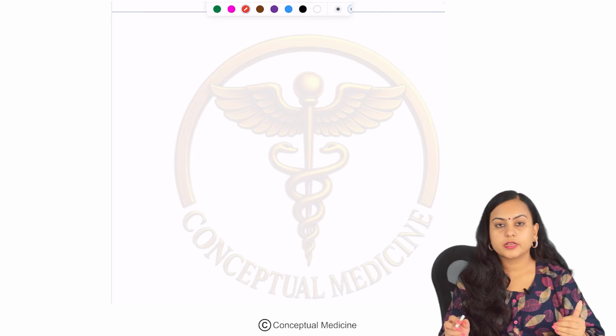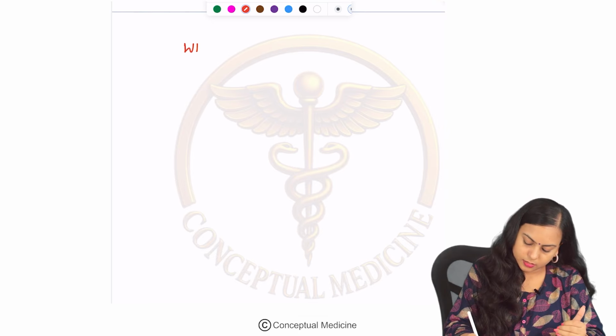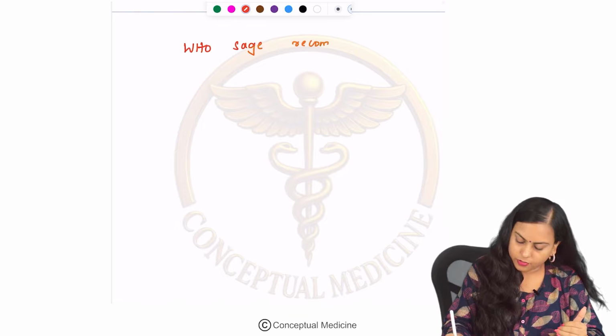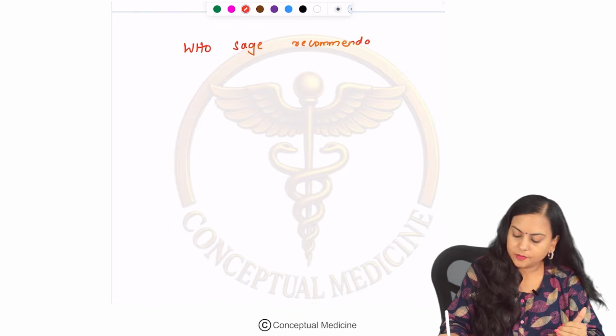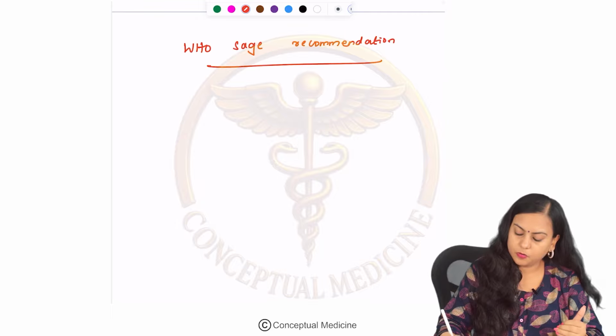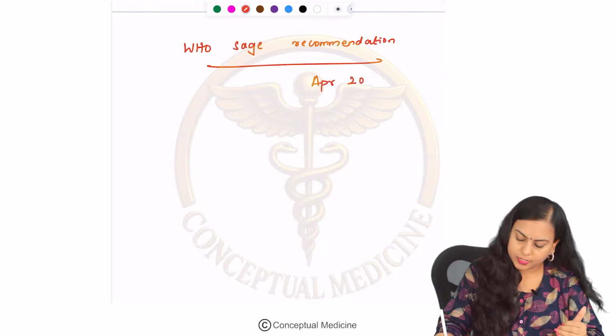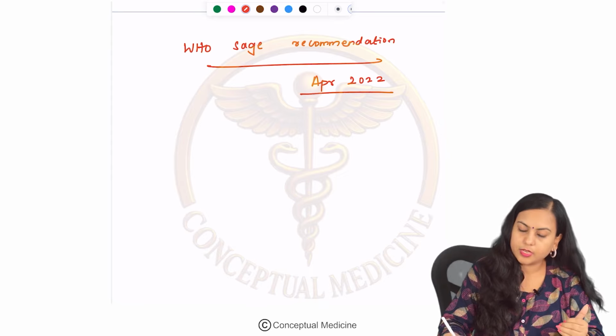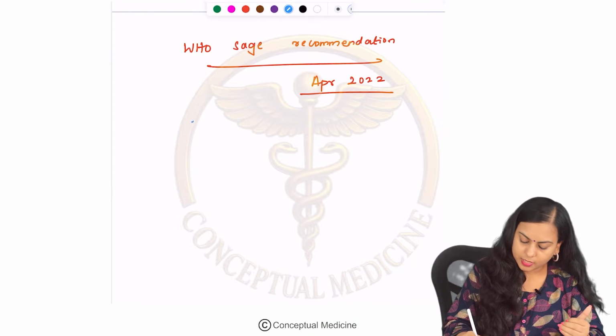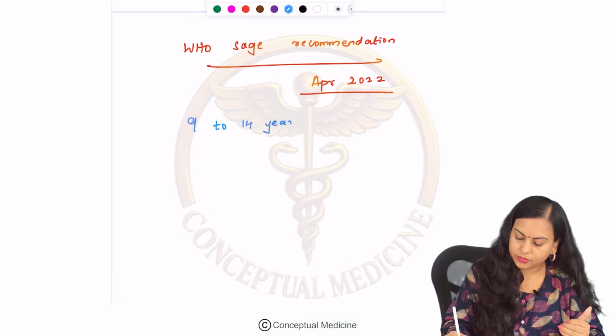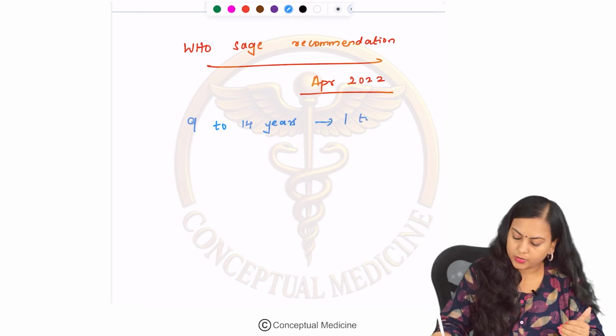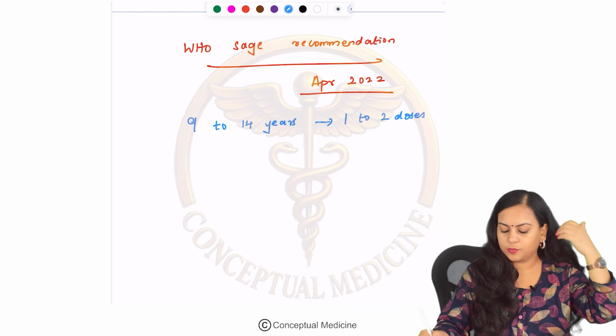There is a recent WHO SAGE recommendation for HPV vaccination that came out in April 2022. It says if the patient is between 9 to 14 years, you will give 1 to 2 doses of HPV vaccine.